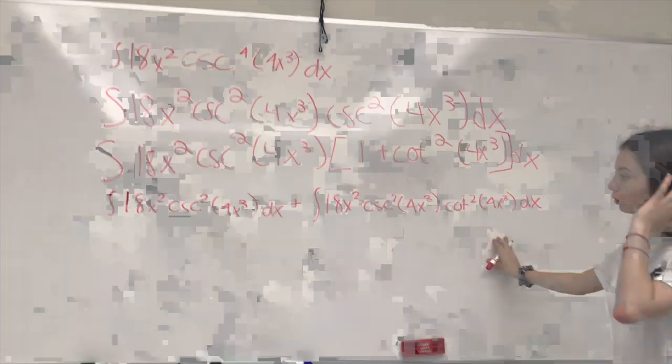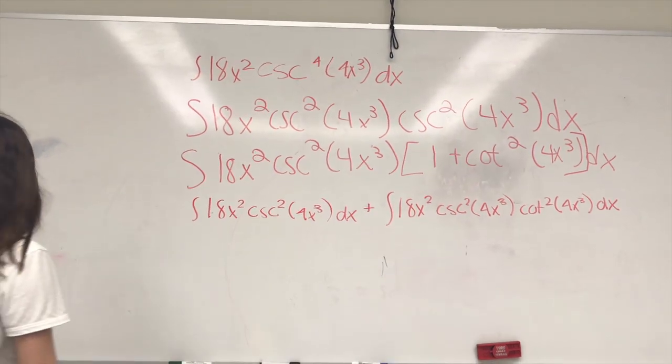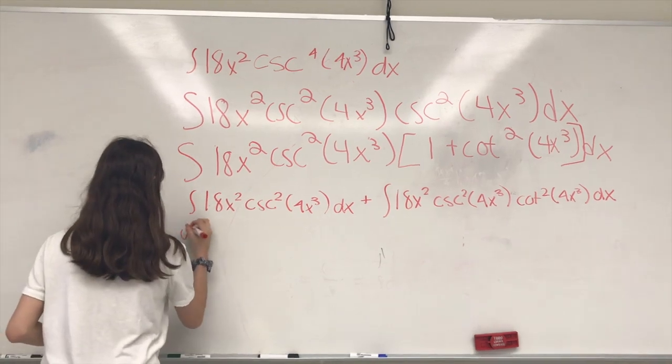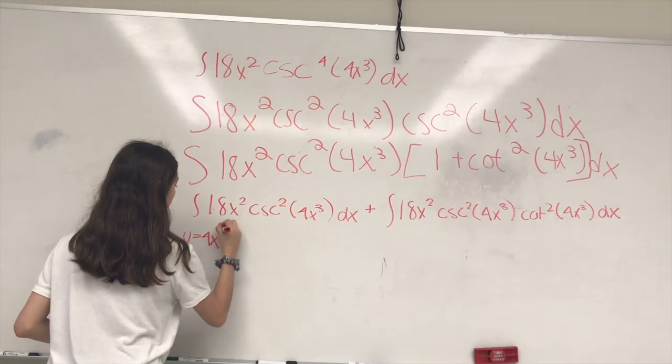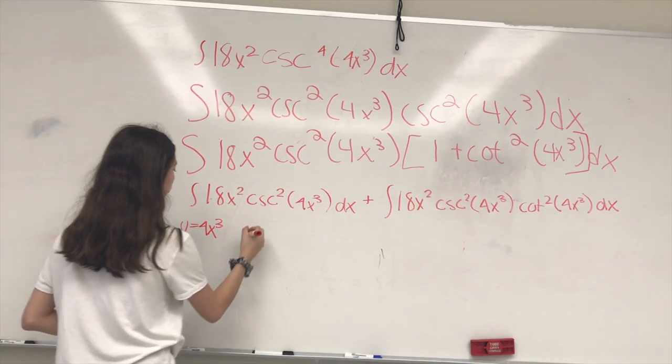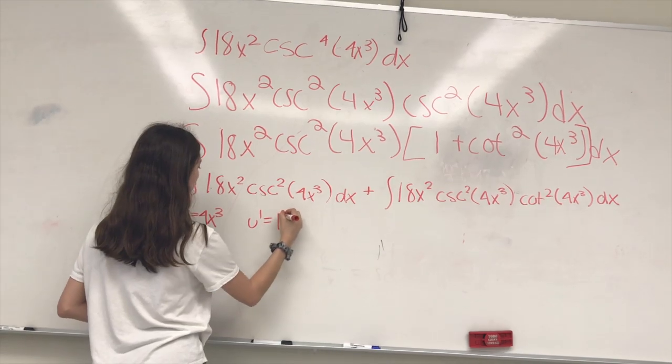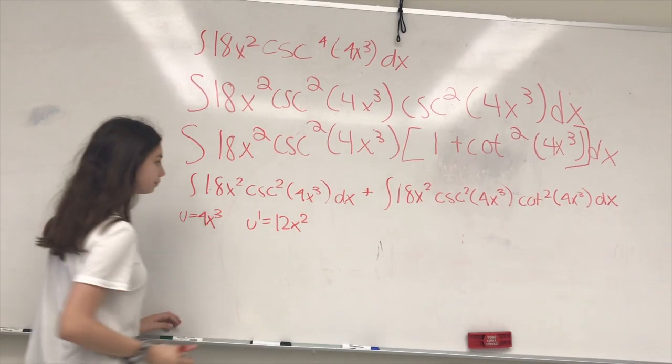So the next thing we need to do is solve each integral by itself. So we need to get the u and u prime values for each one. For the first integration, your u will be 4x cubed, and your u prime will be 12x squared.